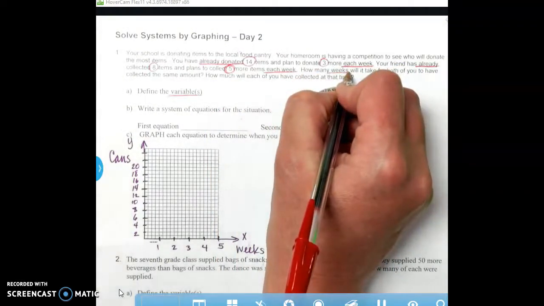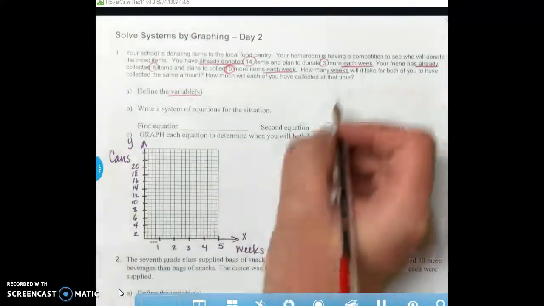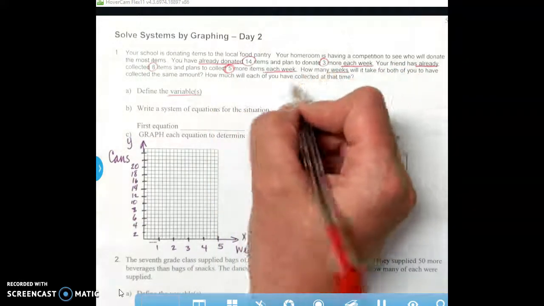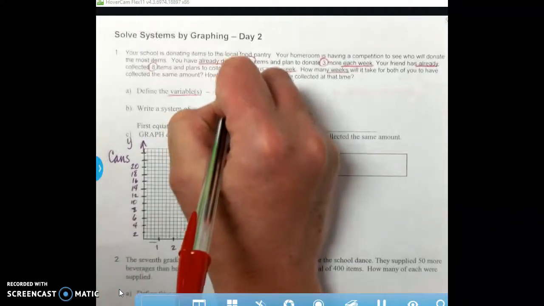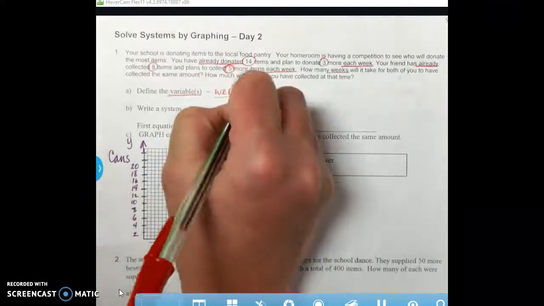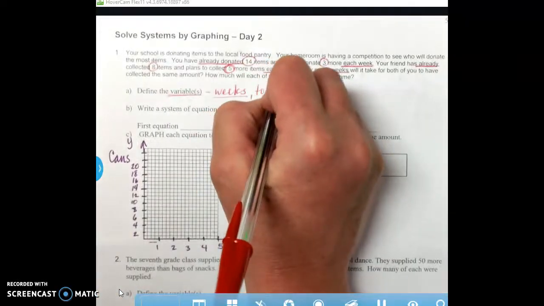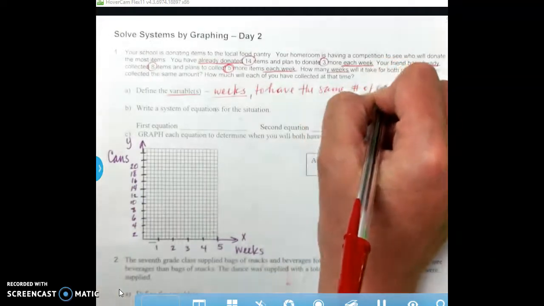That is all of the information that's going to be really important to me. Each week, how many weeks? I don't know how many weeks. That's what I'm going to find out. Weeks, that's how many weeks to have the same number of cans.